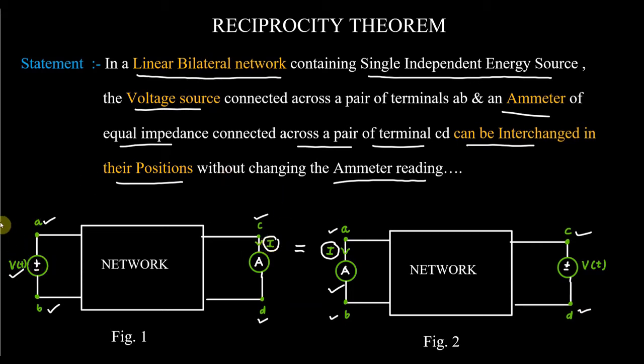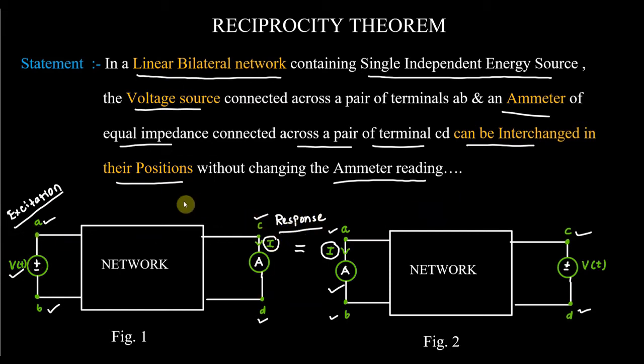You can see that this is the voltage source. This is the source, and this is called the excitation. So this voltage source is called the excitation. Now when the voltage is applied in this network, there is a flow of current I, and this I is called the response. So at A and B there is an excitation, and at C and D there is a response.